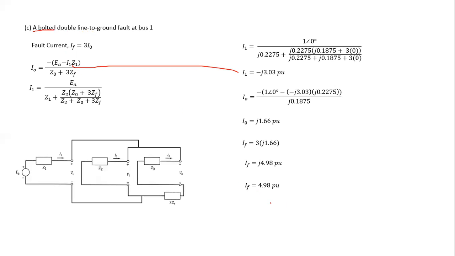Then for comparison purposes, for a three-phase fault, the short circuit current is 1 over j 0.2275.